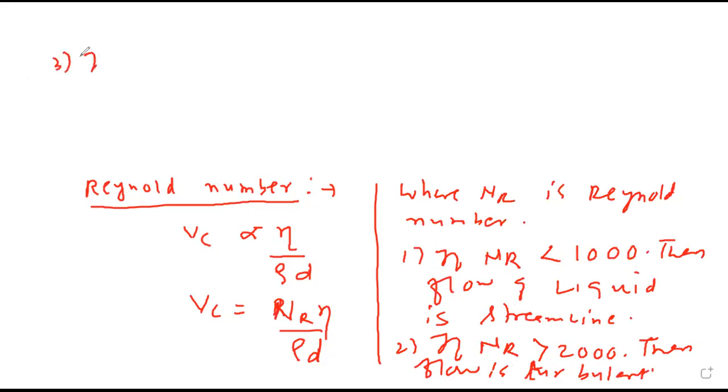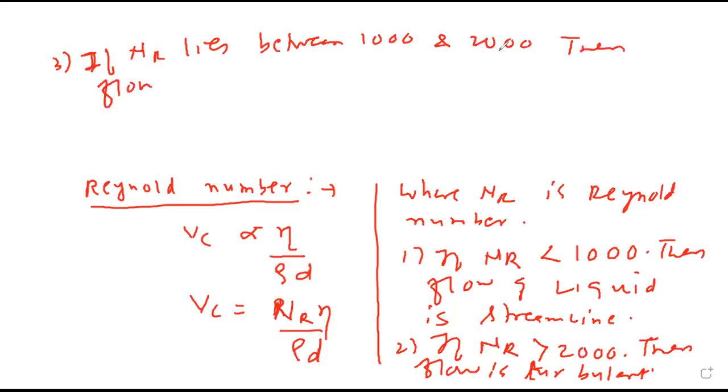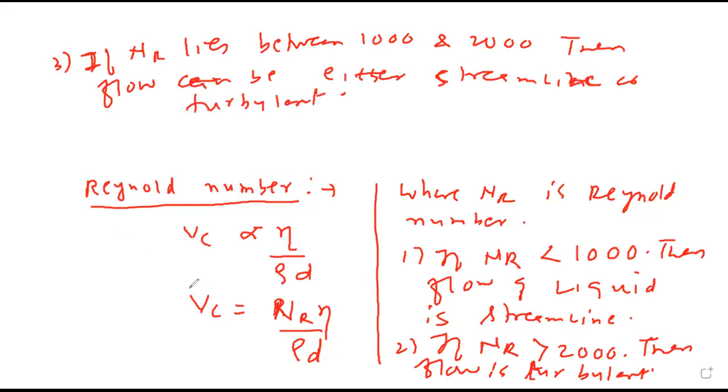If Reynolds number lies between 1000 and 2000, then the flow can be either streamlined or turbulent. So these three values you have to remember: less than 1000 streamlined, more than 2000 turbulent. Between them it can be either. That's all.